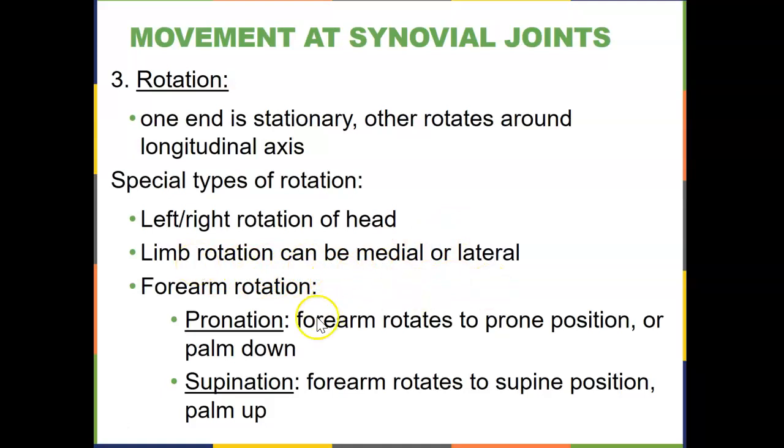Then forearm rotation is what we call pronation, where the forearm rotates to the prone position, with the palm down facing backwards. Supination is where the palm is facing up, and you're actually in anatomical position here. The palm of the hand is facing anteriorly. Pronation is where the palm of the hand is facing posteriorly.